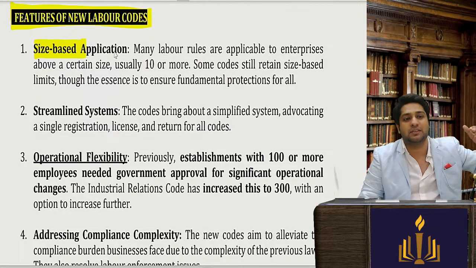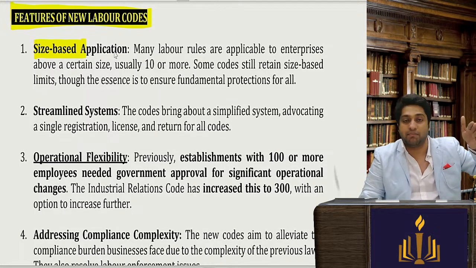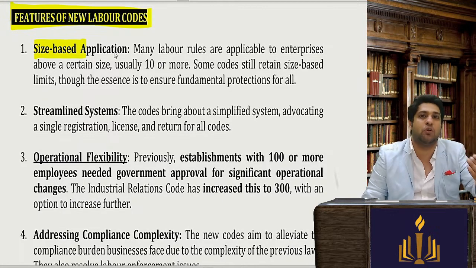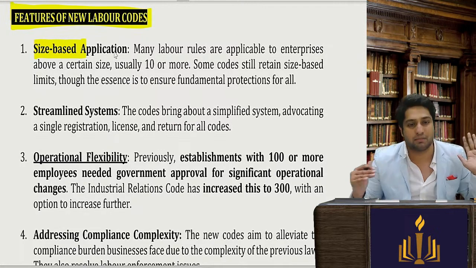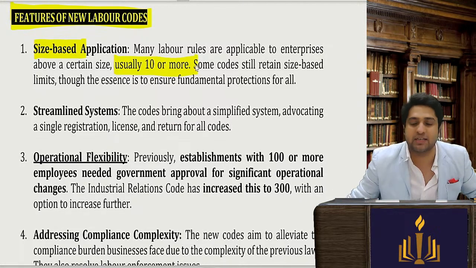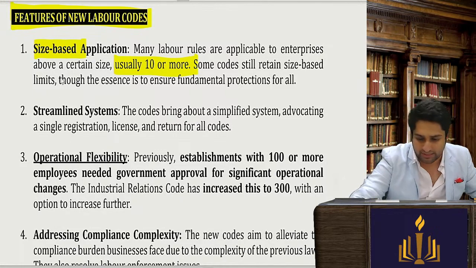So as the size of the organization increases, the number of laws, provisions and compliances will also increase. The smaller the size, the fewer the compliances. Normally they say that for 10 or more it will be applicable. Then from here you can read it up.